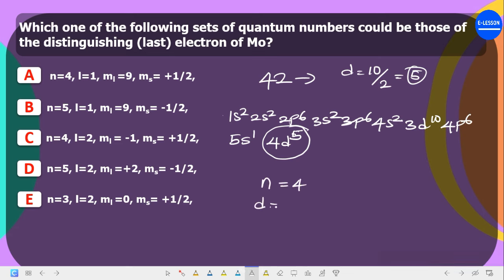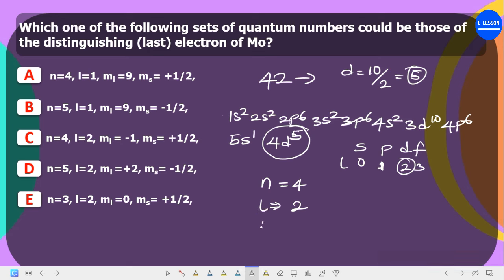Now, d orbital, what is the L value for d orbital? We have s, p, d, f. L value for s is 0, p orbital is 1, d orbital is 2, and f is 3. So if n is 4, L should be what? 2 for d orbital.